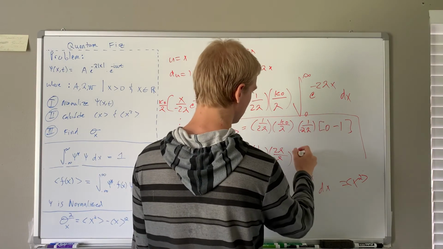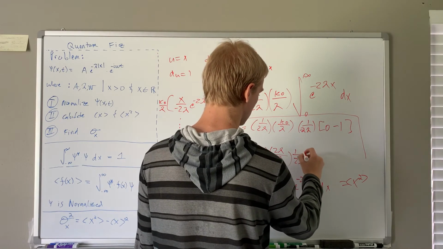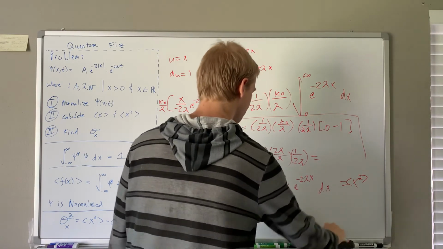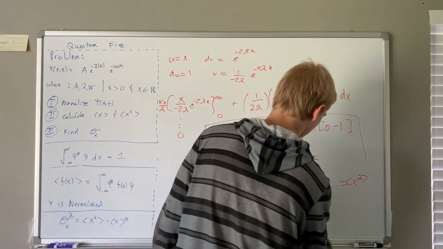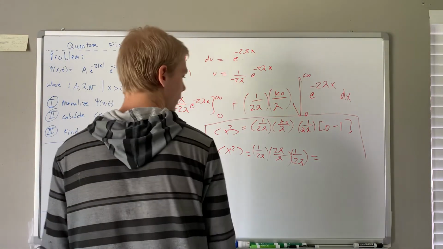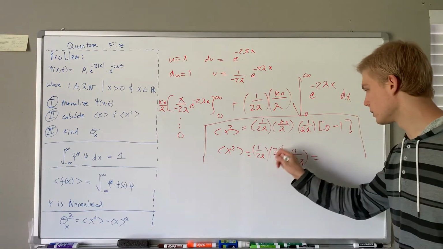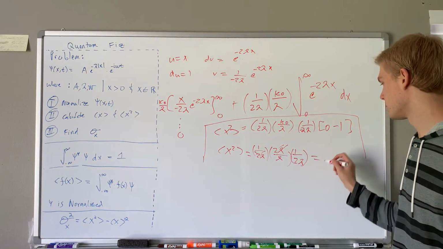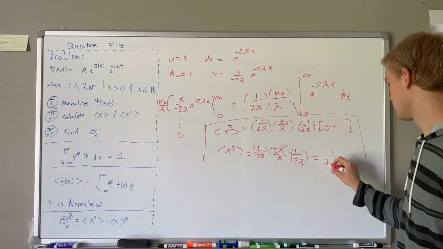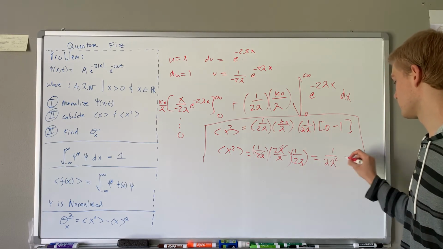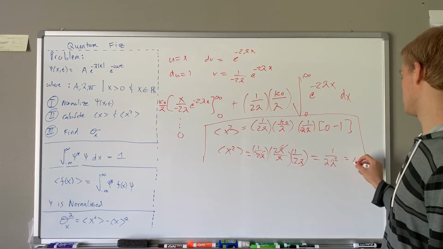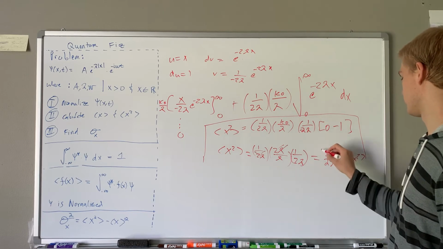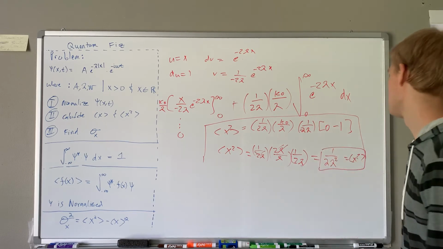Negative, negative, positive, so 1 over 2 lambda. So what does that become? These go away. All of these go away. And it becomes 1 over 2 lambda squared. That is equal to this expectation value of x squared.